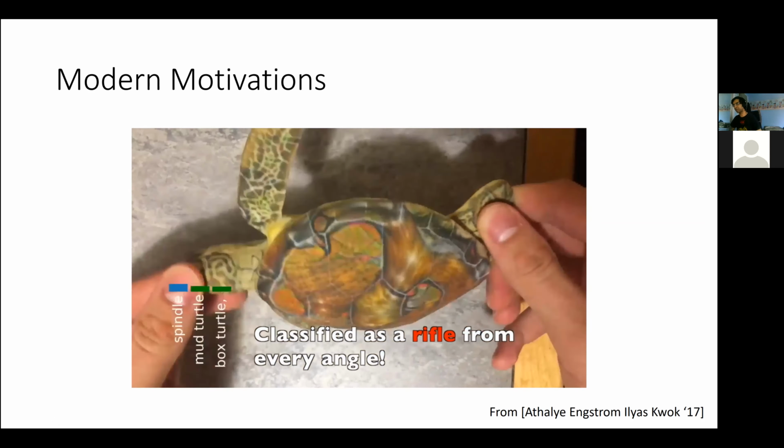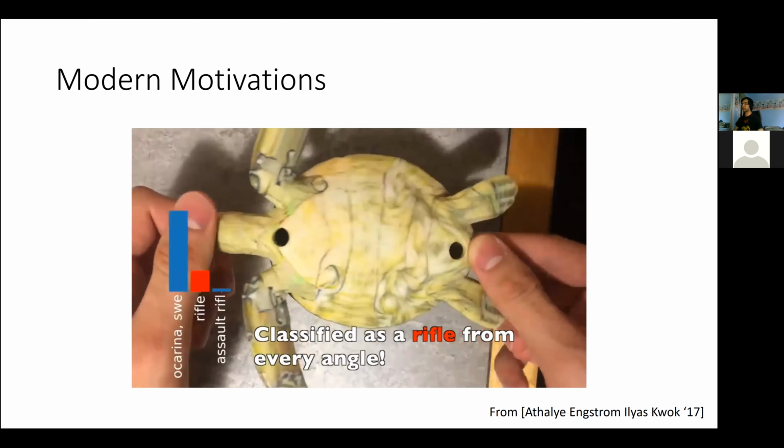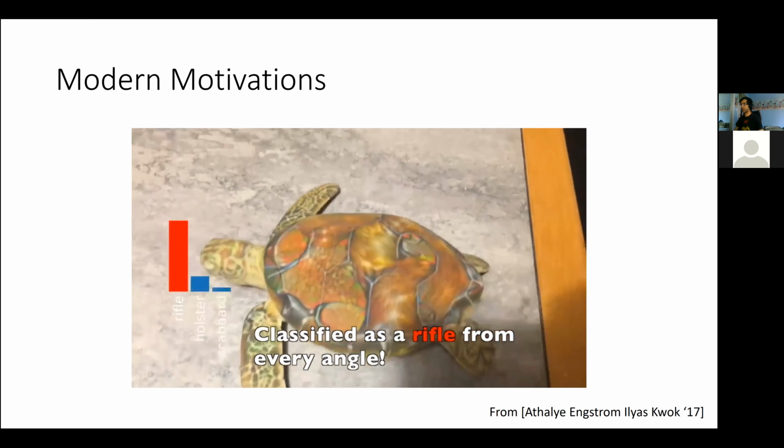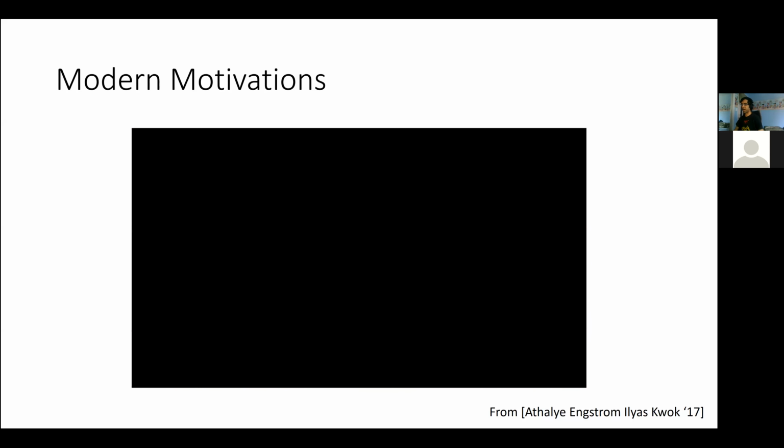This is a very specially crafted 3D printed turtle, specifically designed to fool this image classifier. This is all fun and games, it thinks a turtle is a rifle, but imagine you were at a security checkpoint. It thought a turtle was a rifle, but what if it thought a rifle was a turtle? That's not good, let's say.